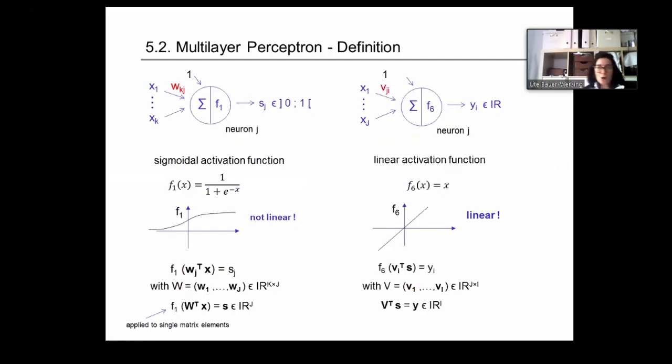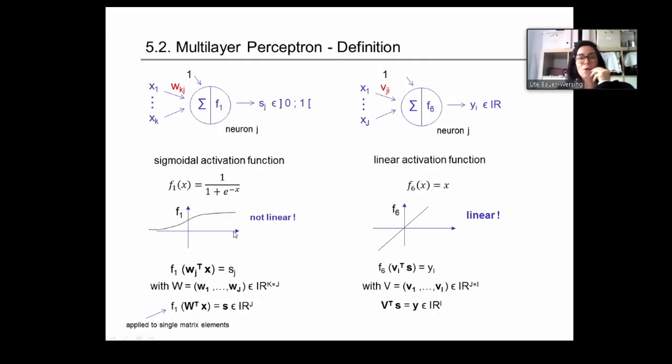Let's look a bit closer. These are the neurons in the hidden layer, and we have this activation function, which has this shape. For very negative arguments, the output of the neuron is 0.